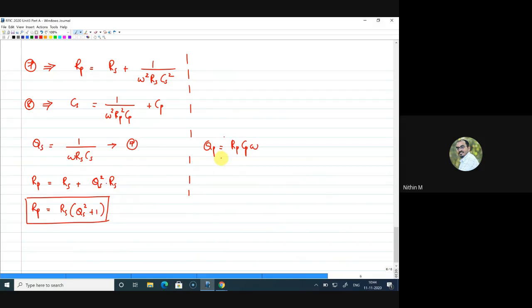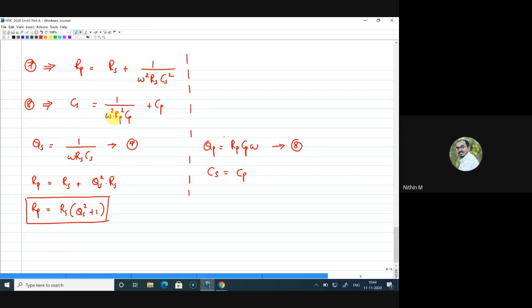Now I am taking the equation for Qp. If you are referring to the same mistake I made, yes, I have corrected it. So Qp is Rp Cp into omega, and if I substitute this in equation number 8, I can write Cs is equal to, Cp is missing, so I should write 1 by omega square.